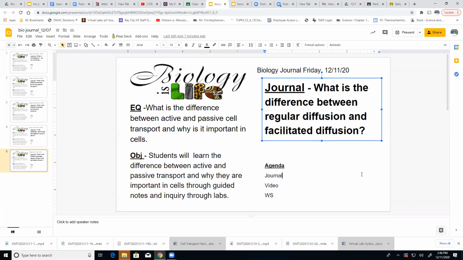So does anybody know the difference between regular diffusion and facilitated diffusion? Nobody? Okay, well, why don't you pull out your notes and see if you can answer it.